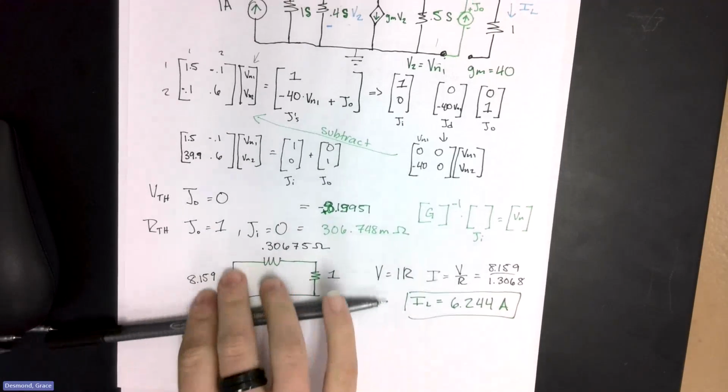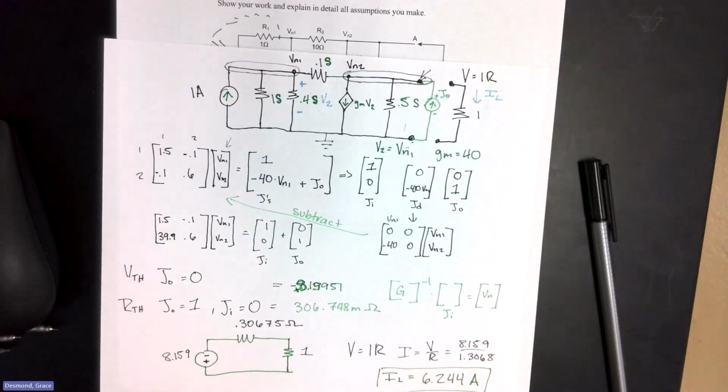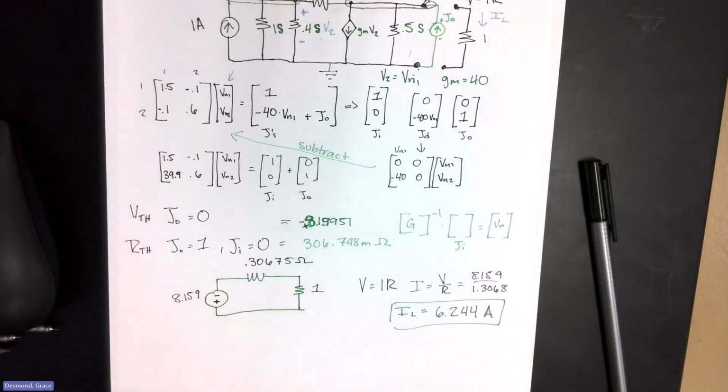There's a chance that it's going to be Nortons instead of Thevenins. And all that would mean is we do the exact same process, except it's mesh current and we have E naught. If we find our Norton's current, we're just going to set the E naught equal to 0.